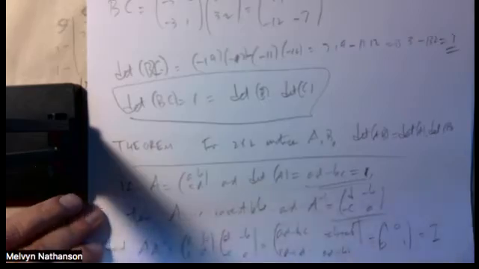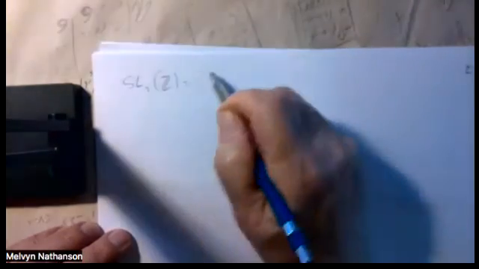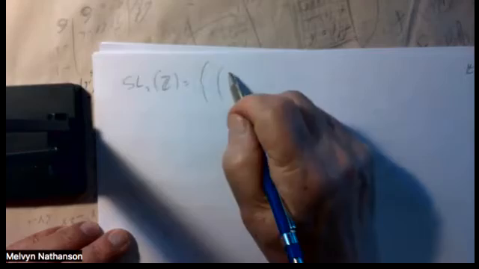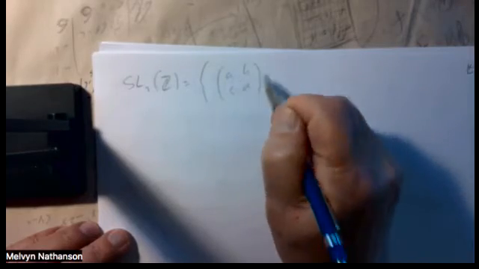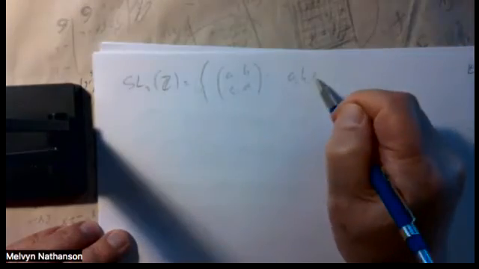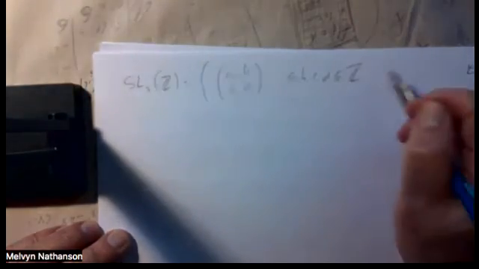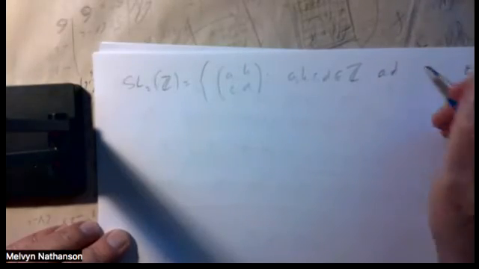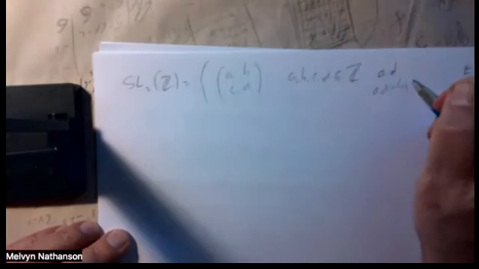So as I explained last Wednesday, and this is again just a kind of review, SL2Z, that's sort of a strange notation, but this means all matrices (a, b, c, d), where a, b, c, d are integers, and the determinant ad minus bc equals 1.